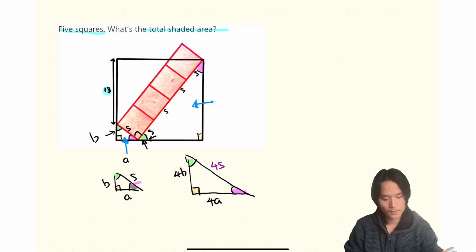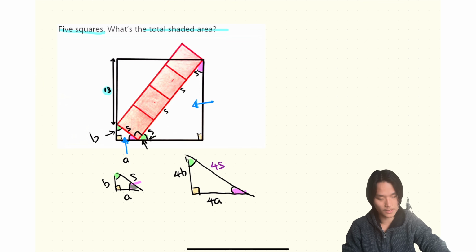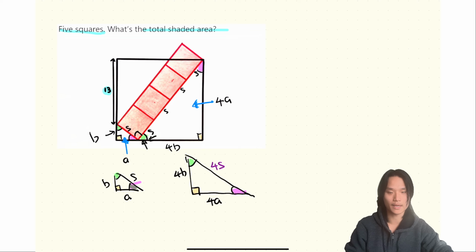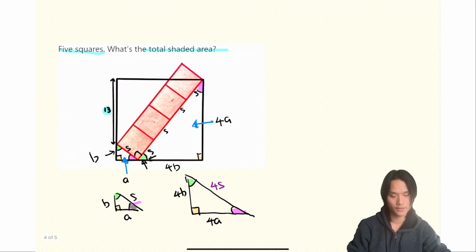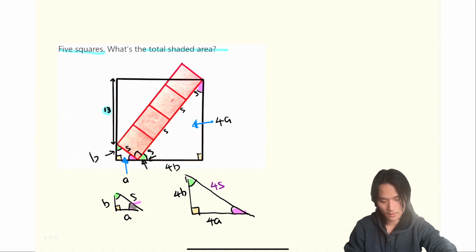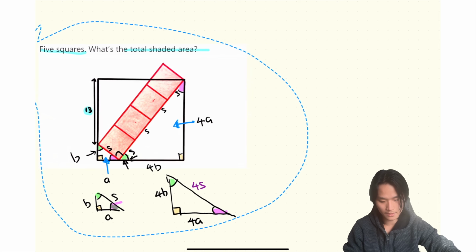So this is all very good actually. Let me write all this information back onto the diagram. So we have 4b and then 4a. So far, so good, I hope. Let me move this to the side a bit.